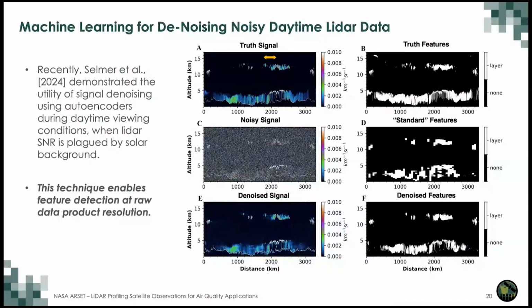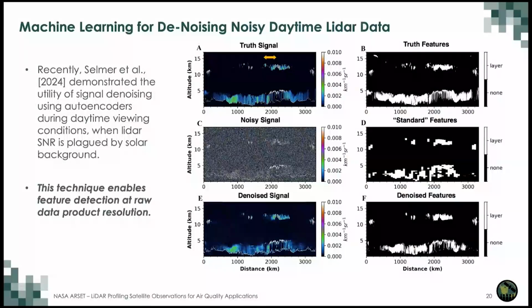I wanted to mention some recent work that was done by Selmer et al. Very recently, several groups have been working on signal denoising. If you recall, during the day, solar background contamination plagues the measured backscattered signal by the LiDAR. So that makes the data look extra noisy.